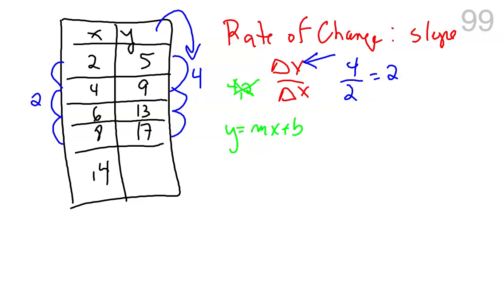The good news is most people did tend to write it in that format, and a lot of you got this right, which was very good because we have been working on this right before the break. So it's going to be y equals, now what does m stand for? Slope. Good. What did we figure out the number to be? 4 over 2, which is 2.